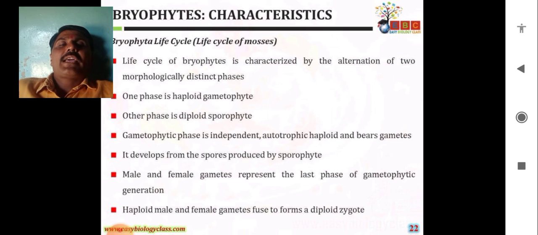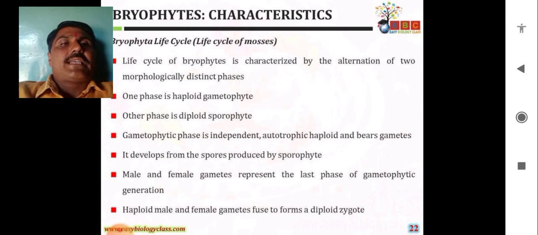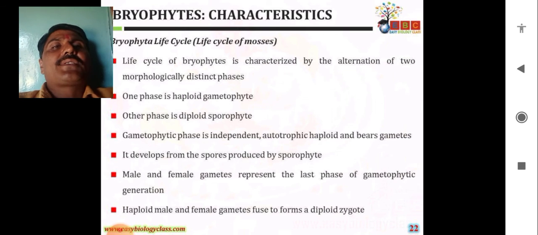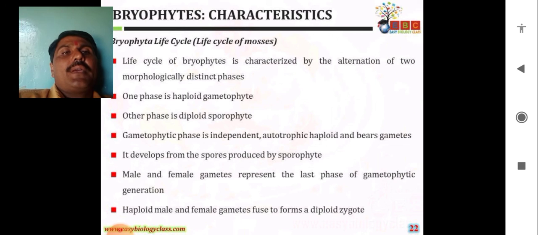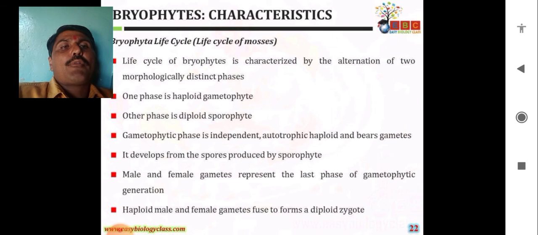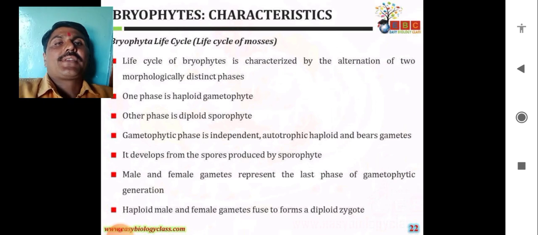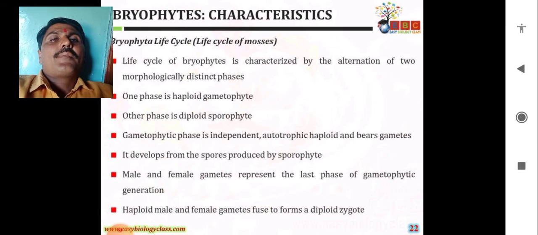Haploid male and female gametes fuse to form the diploid zygote. So these are the phases in the haploid gametophyte and diploid sporophyte of the bryophytes.